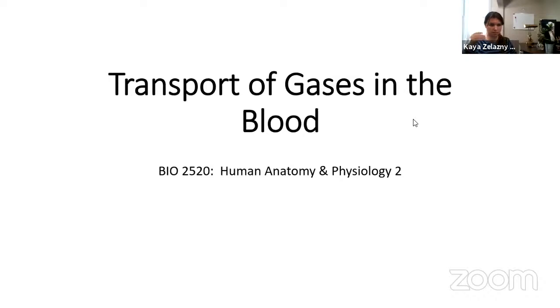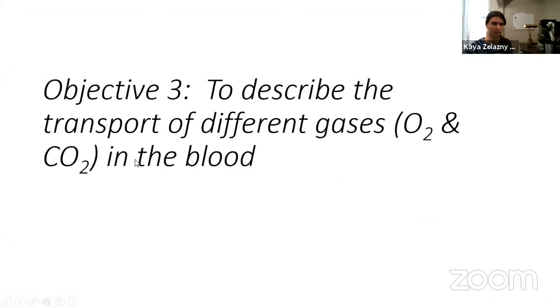So we're continuing talking about transport of gases in the blood today. We touched very briefly on about the first slide of this on Friday. If we recall, we're talking about how we can transport our gases, oxygen and carbon dioxide, through the blood.